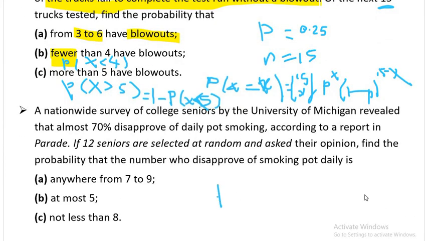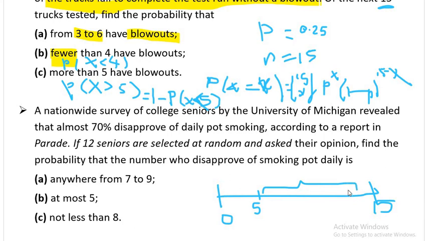Let me write it here. You see, you are going from 0 to 15, and you are here. More than 5. So you want these probabilities. So instead of this, you found this other probability, right? This is the x less than 5 probability. This is the x greater than 5 probability.